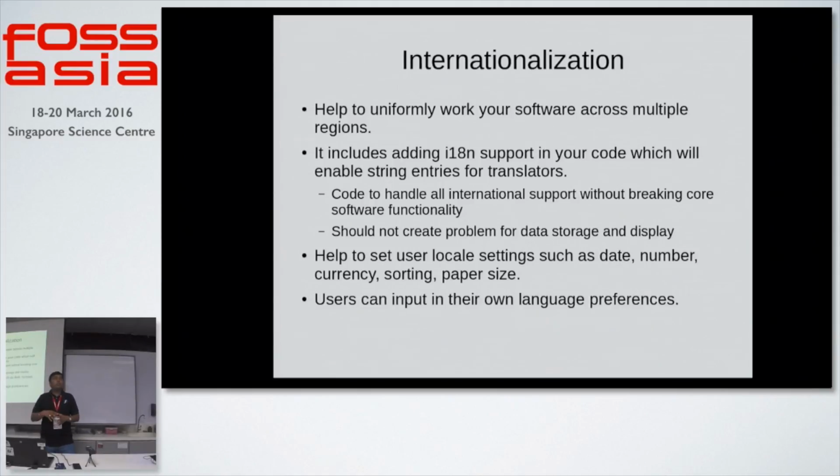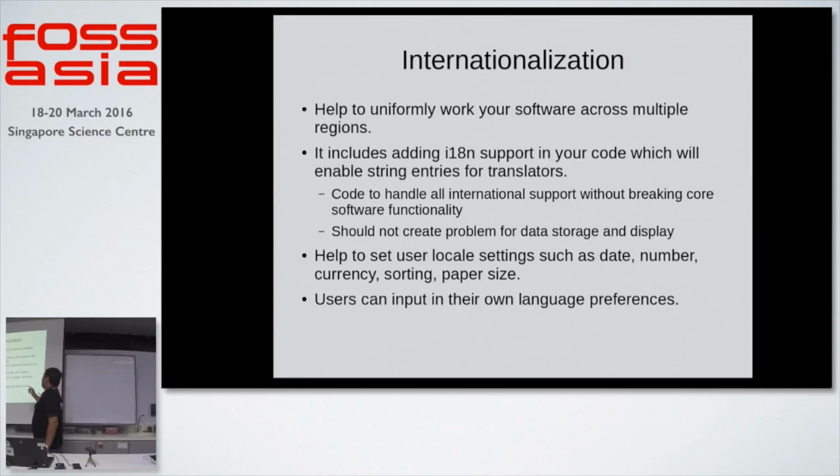Rendering is a problem, that means suppose some string is displayed in proper order, it should get reordered or it will not be displayed properly. Maybe I can explain it in the actual code when we see the code. So this is what the internationalization part is.